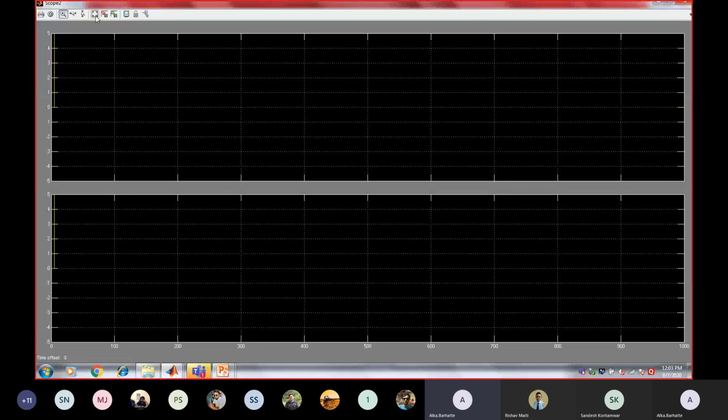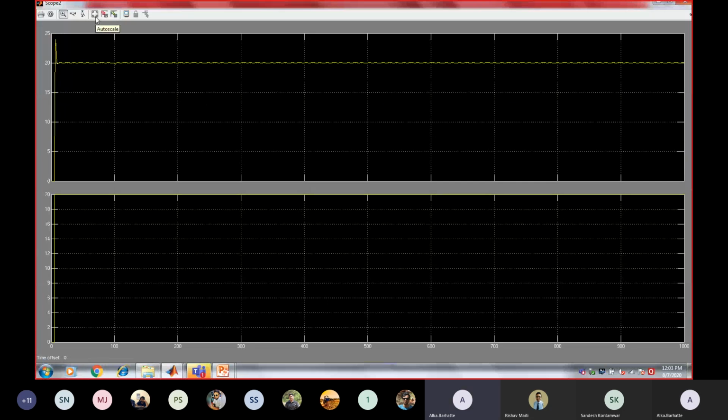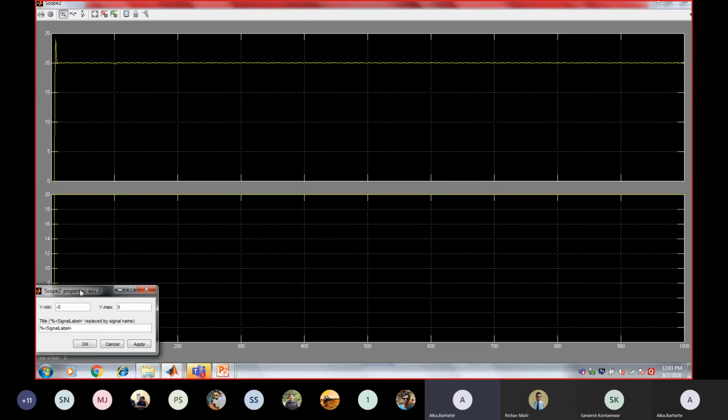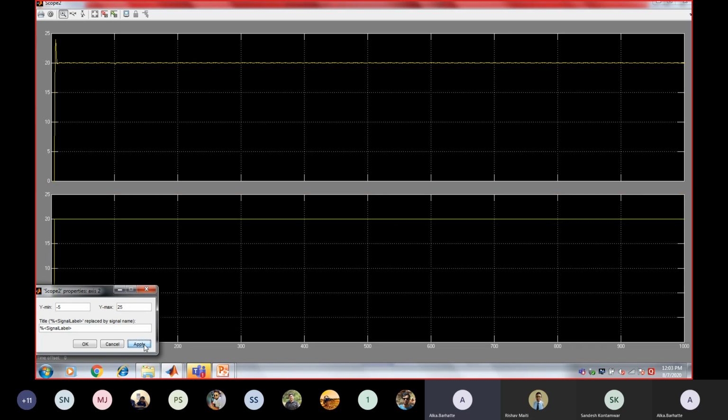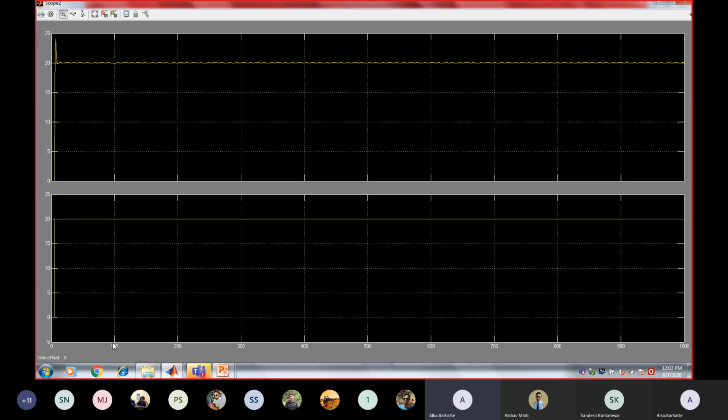Execute, and this is the response you can observe now. It has automatically corrected the disturbances. So this is the expected value. After 10 seconds, you can observe here a very small glitch.